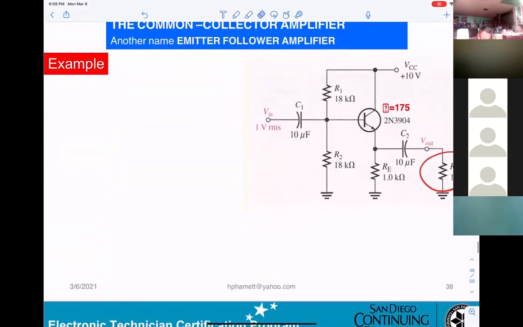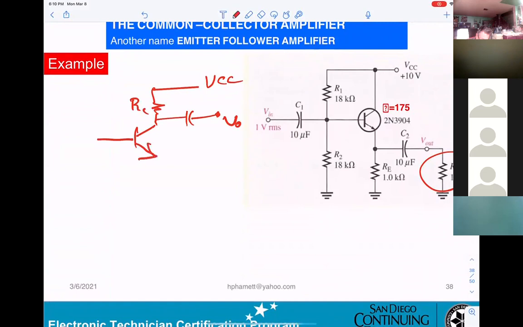Now, if I take this circuitry here, what's the name of the amplifier? Common emitter.